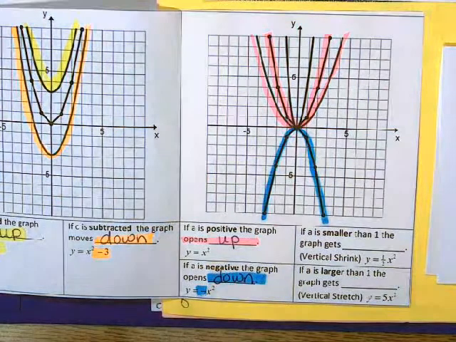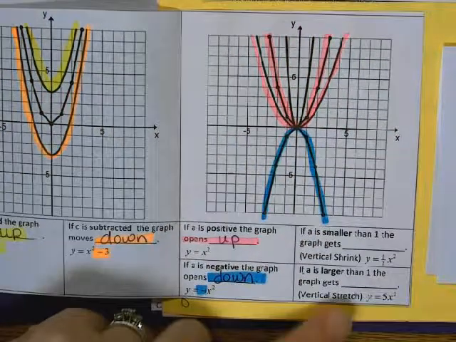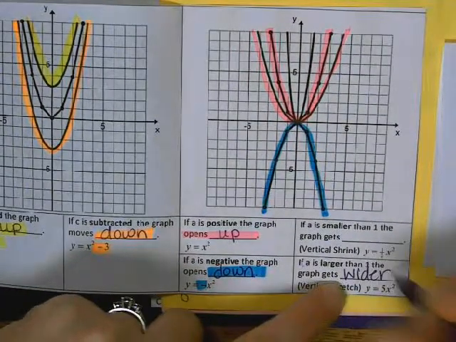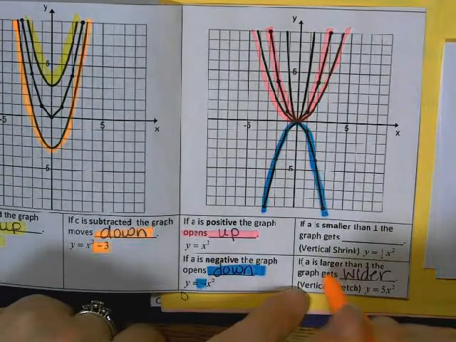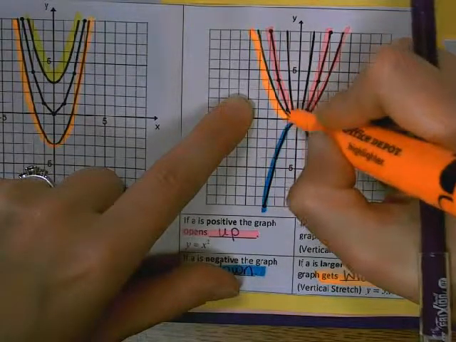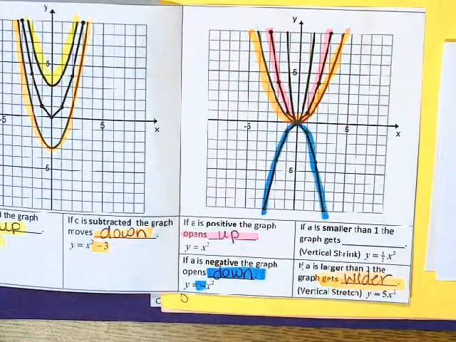We'll use orange for it to stretch. So it says if A is larger than 1, then the graph is a stretch, and it gets wider. So let's use orange on that so that the pink and the orange kind of blend together. And you can't really tell that we messed up. Okay?